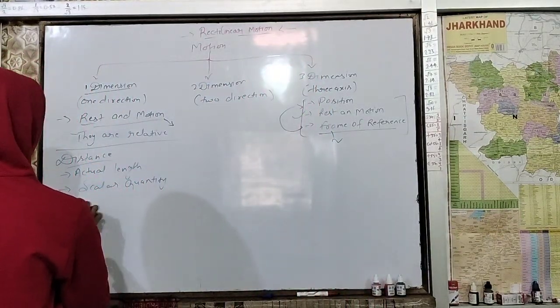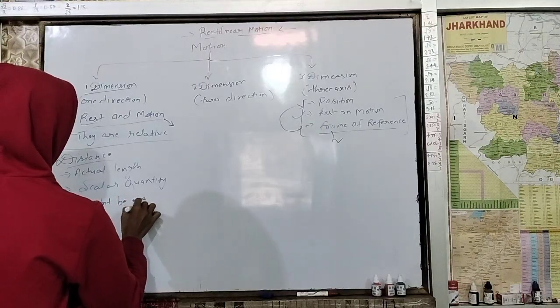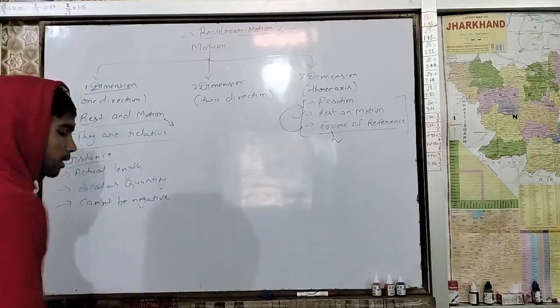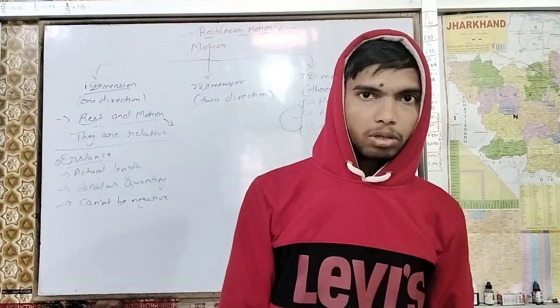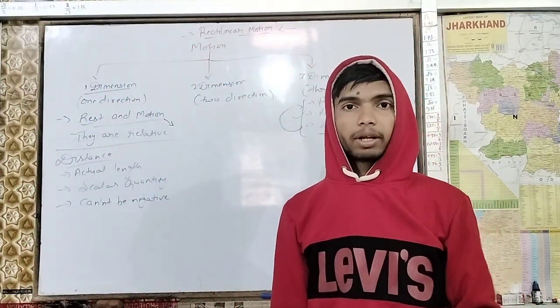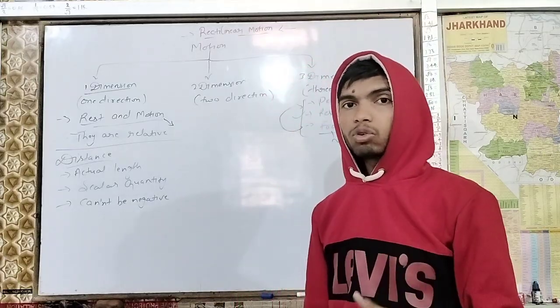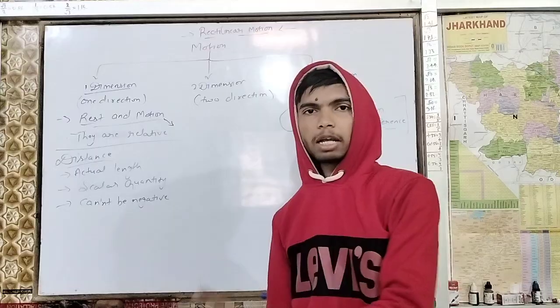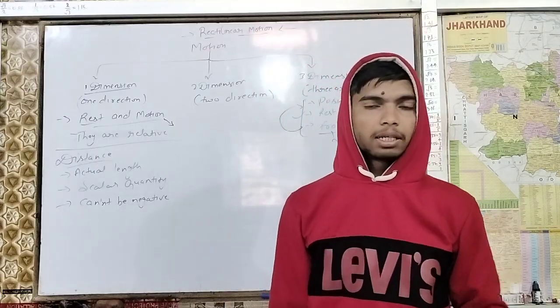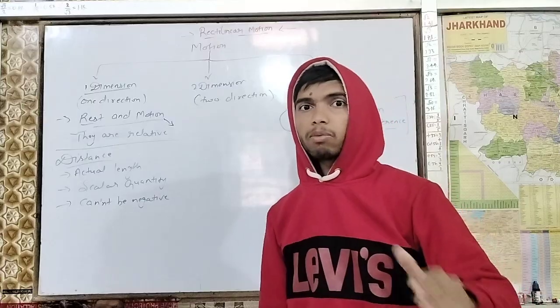Next, it can't be negative. Can't be negative means it can be zero, it can be positive, but never ever negative. Displacement can be negative, positive, or zero, because displacement provides a direction.